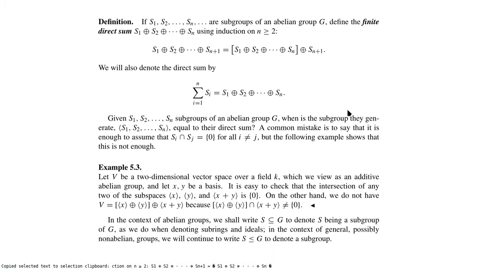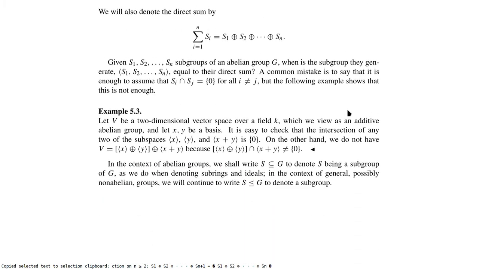He gives an example of a vector space. So of course, if everyone is familiar with linear algebra, you have a two-dimensional vector space over a field, and the field, they kind of view it as an additive abelian group. You take a basis which is x, y.